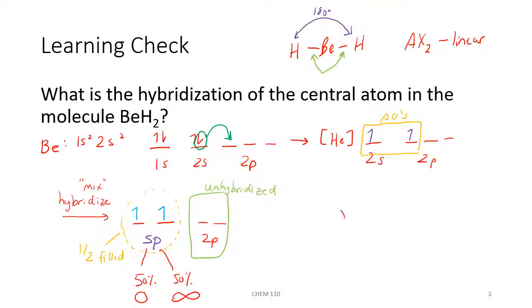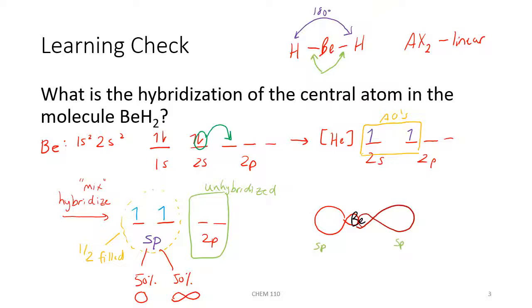So we're going to have one sp hybrid orbital, and we can imagine our beryllium atom is sitting in the middle here. That's the central part. We'll have another sp hybrid orbital on our beryllium.